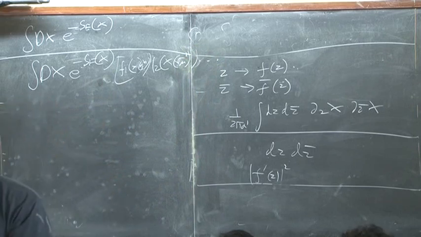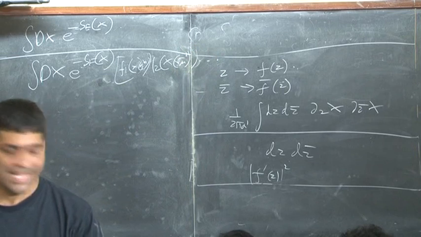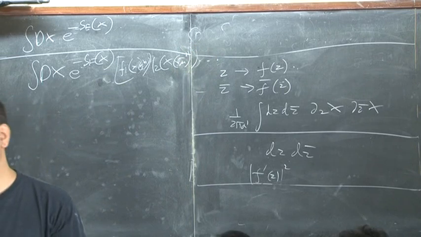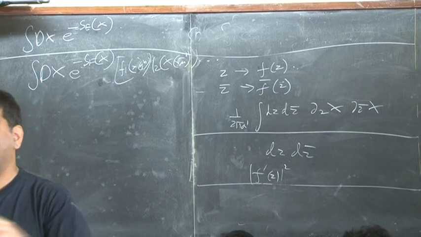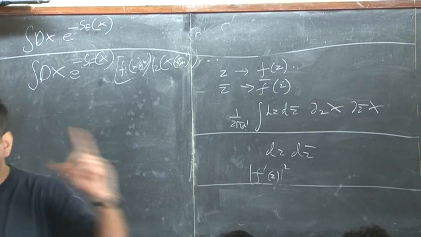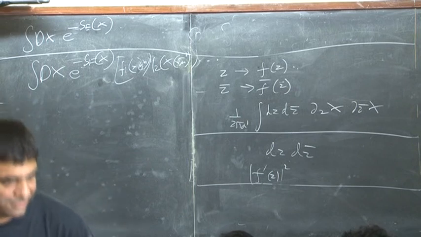Local functions of the x's inserted at particular points. And then the expectation value computed under the path integral.